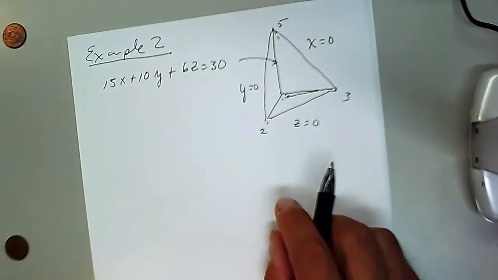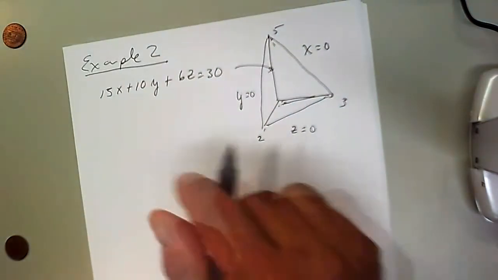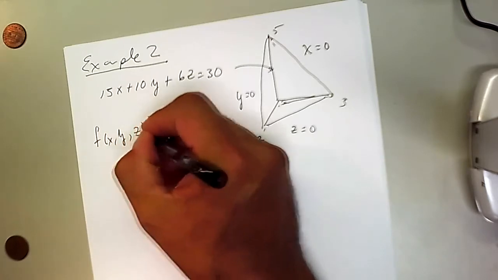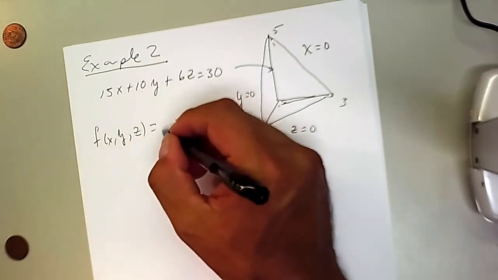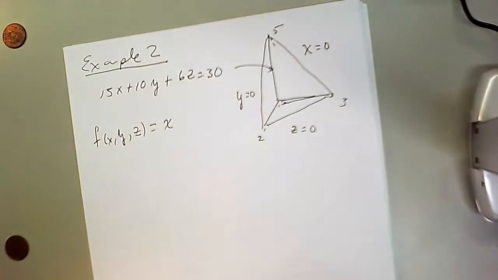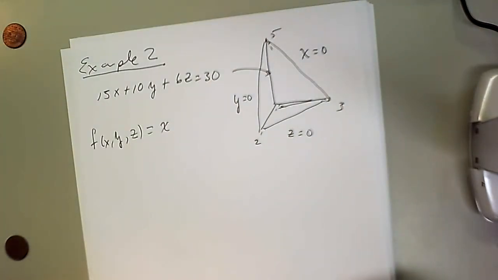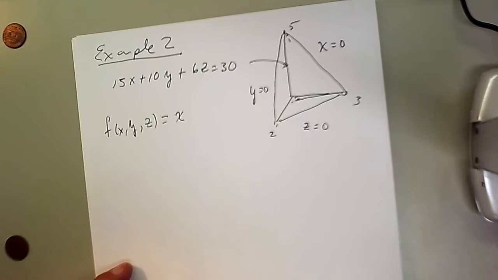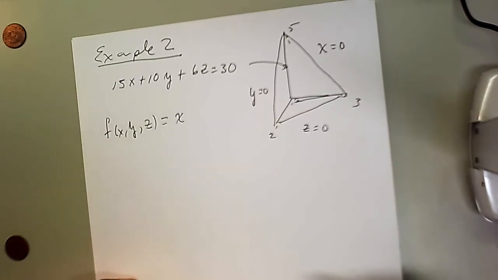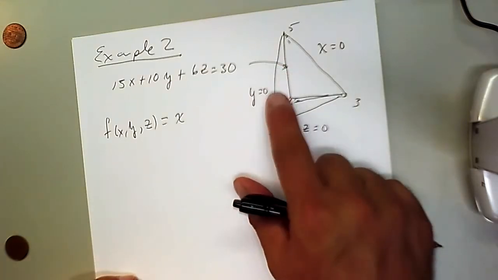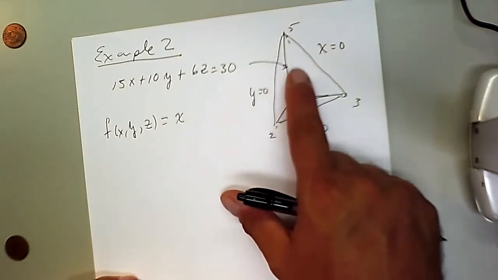And what are we going to integrate? We're going to integrate a very simple function, just x, which seems too simple. Somebody may say, why not xy or sine of x? Believe me, it gets really, really crazy very quickly. So this is the function, and this is the solid we're going to integrate over.